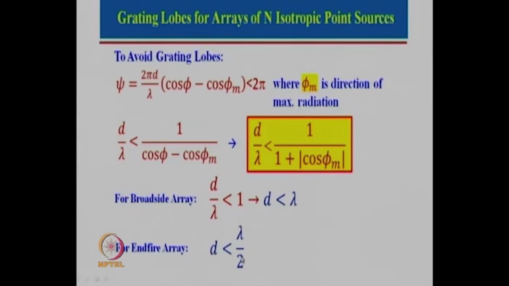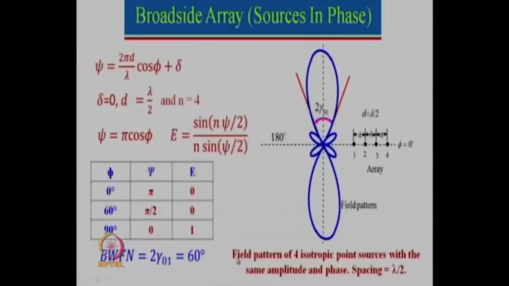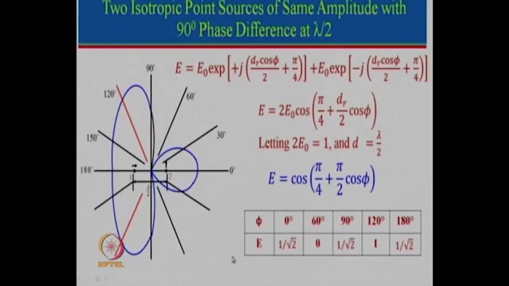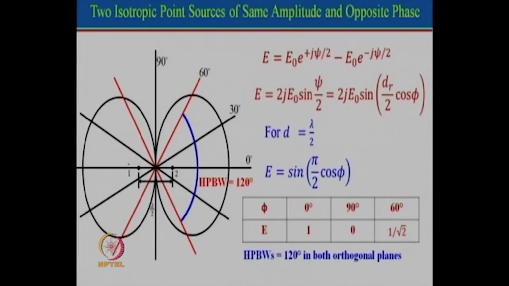In fact, we can look at the very first example of the 2 element array which we had seen. In this particular case, this is the end fire array and the distance taken was d equal to lambda by 2, and that is why there is a grating lobe in this direction. Had we taken d less than lambda by 2, this grating lobe would not have occurred.